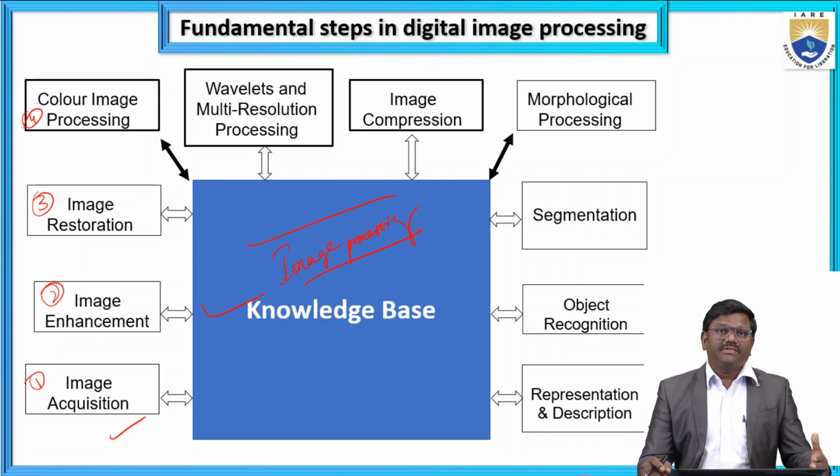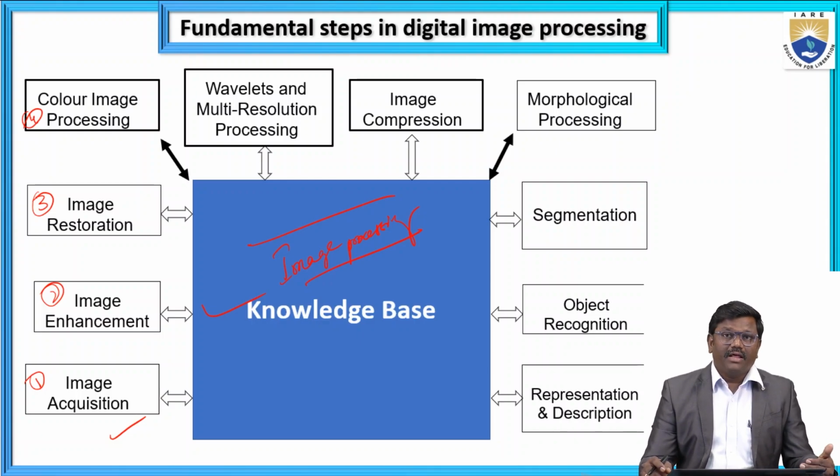Of course, these three steps are mandatory whenever you proceed with knowledge-based image processing, and we extend that knowledge-based image processing in terms of color image processing or wavelets and multi-resolution processing.